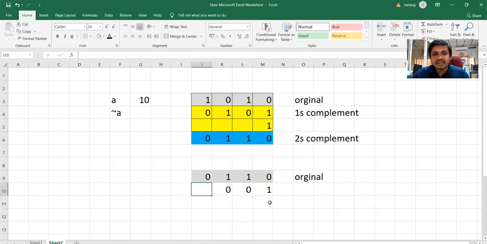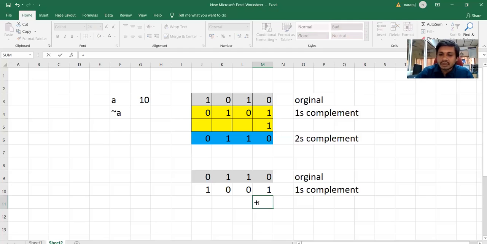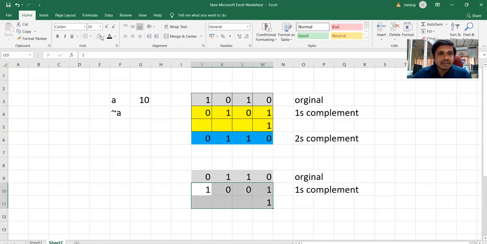This is the 1's complement. Now add 1 to this 1's complement to get the 2's complement.